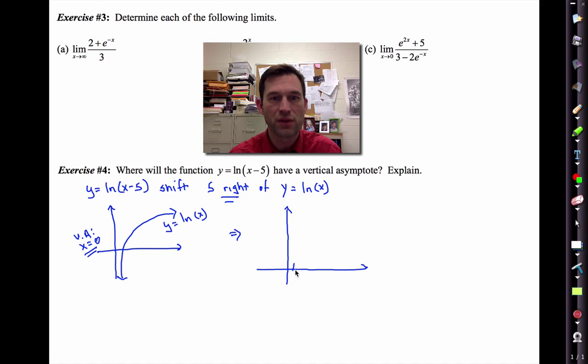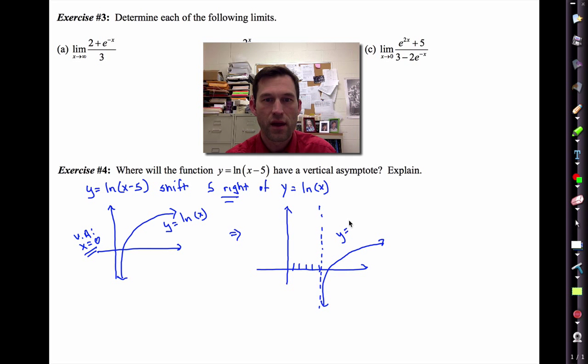Now, my students, I always say, try to incorporate the shifts in terms of just shifting the axes. So I now have this as the graph of ln of x minus 5. All right? Clearly, having a vertical asymptote, always want to write down the final answer of x equals 5.